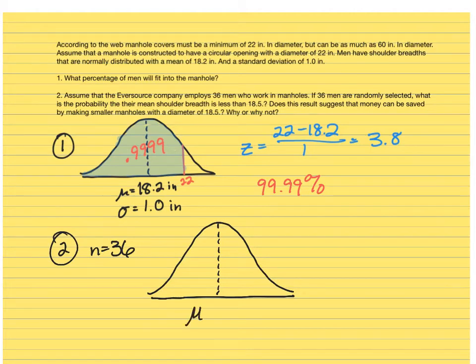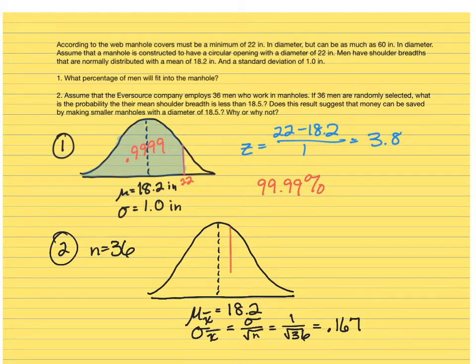The mean of the means is going to be the same thing, 18.2, but the standard error, or the standard deviation of the means, is standard deviation divided by square root of n. So in this case, 1 divided by square root of 36, which is 0.167.